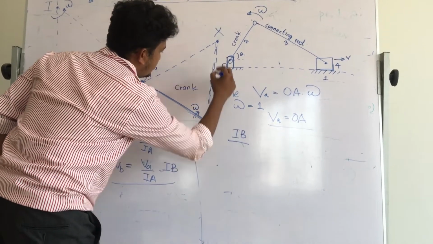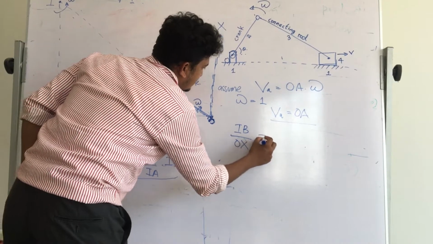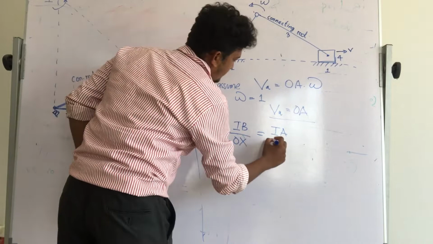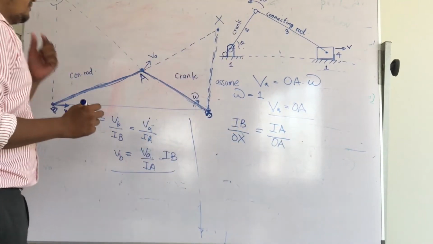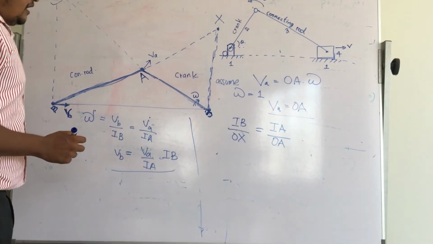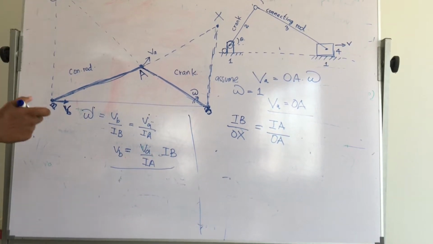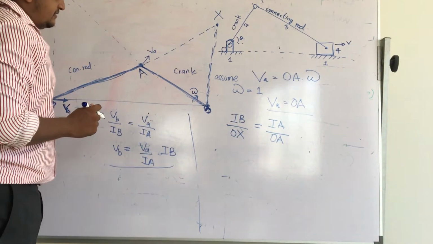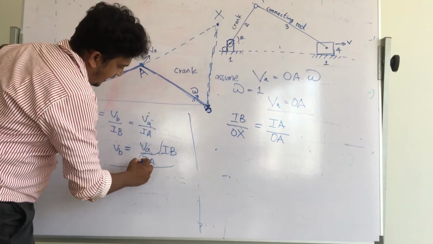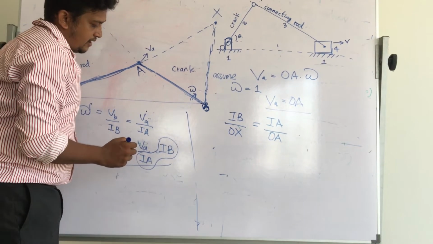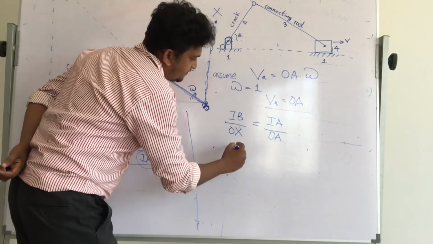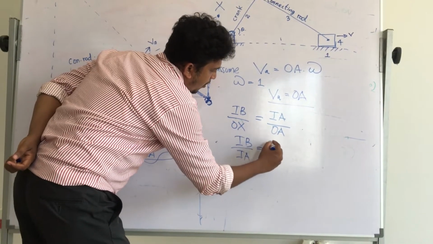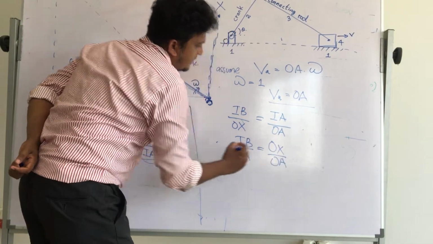IB over OX equals IA over OA. Now we are going to replace these with these parameters. So IB over IA equals OX over OA.